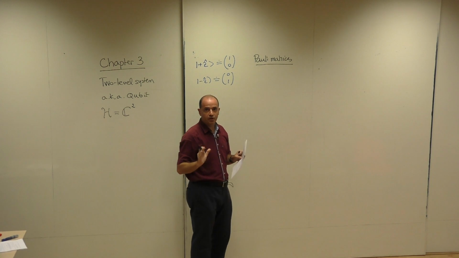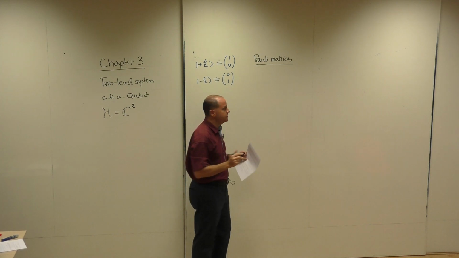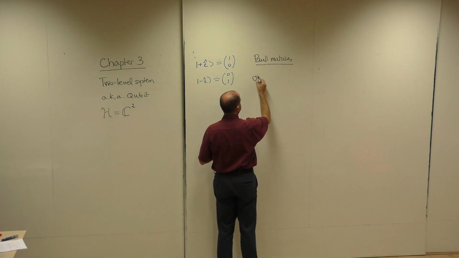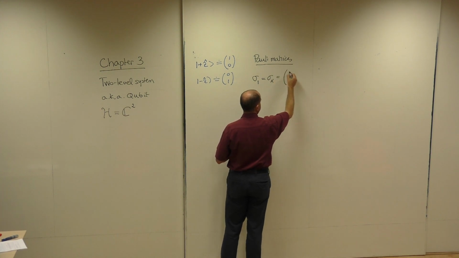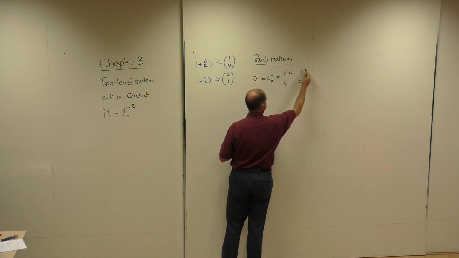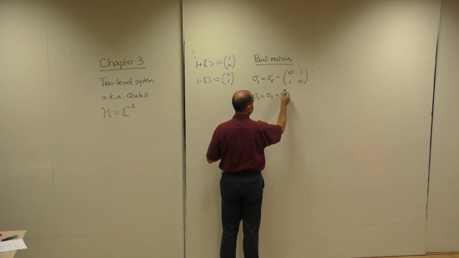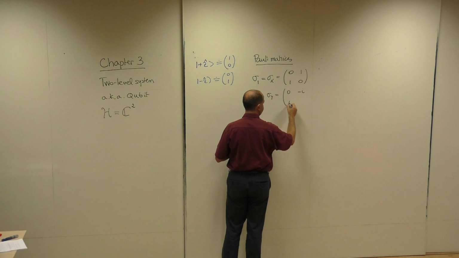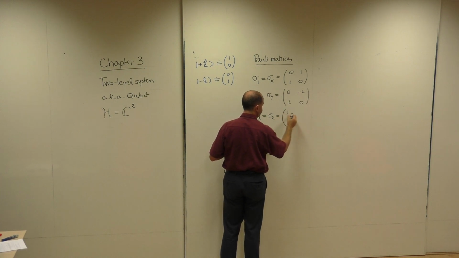There are 3 of them plus the identity, depending how people count them. So the traditional Pauli matrices are written like that. Sigma 1, also known as sigma x, is this matrix. Sigma 2, also known as sigma y, is this one. And sigma 3, also known as sigma z, is this.